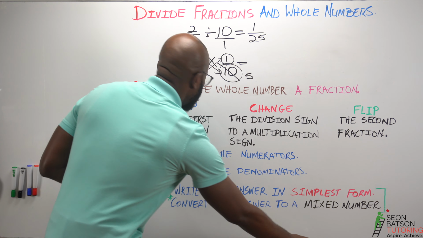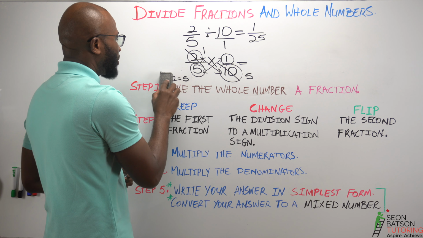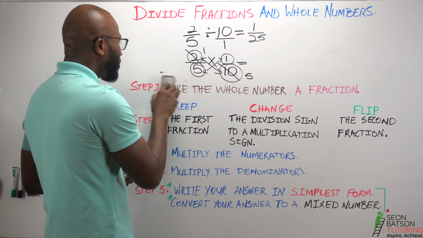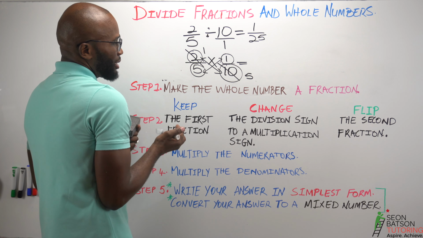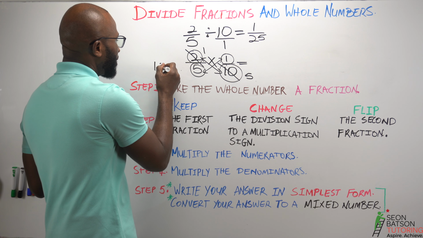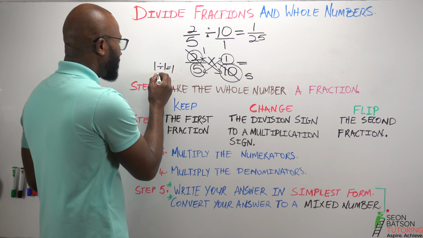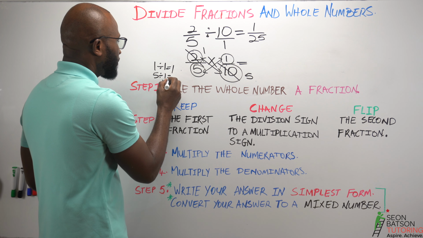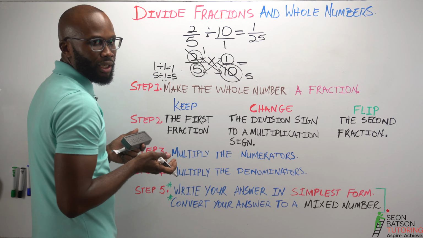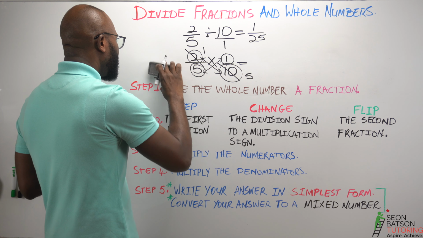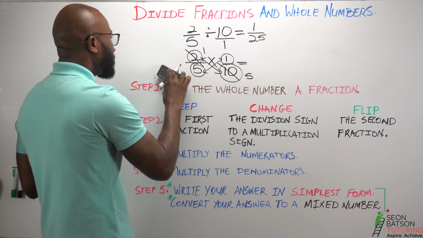And whenever the greatest common factor is 1, we will not divide by 1, because dividing by 1 changes nothing. Yes? If I divide 1 by 1, I will still get 1. There is no change. If I divide 5 by 1, I will still get 5. There is no change. So whenever the greatest common factor is 1, we will not divide, or we will not simplify.